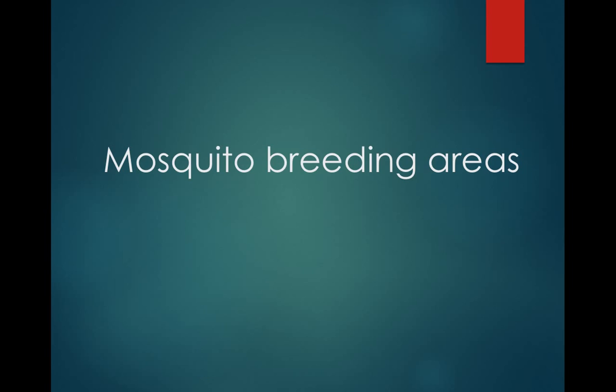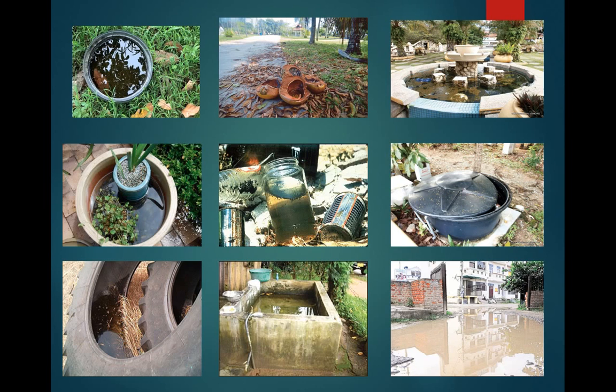As we have seen that dengue infection is basically spreading by mosquito, so the mosquito breeding sites or areas are very critical to understand so that we can try to prevent the dengue infection. It can be in any stagnant water. Stagnant water could be in artificial bodies or natural water bodies where water is not flowing.